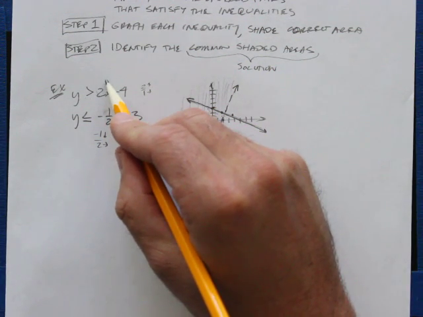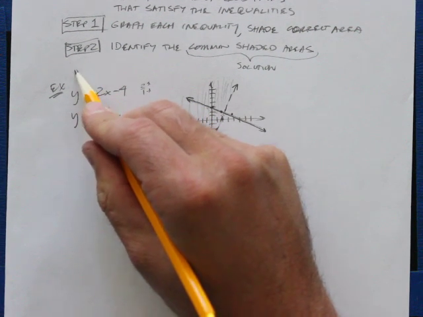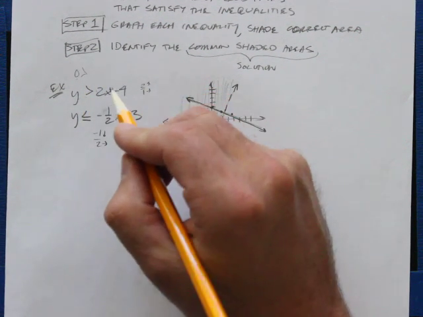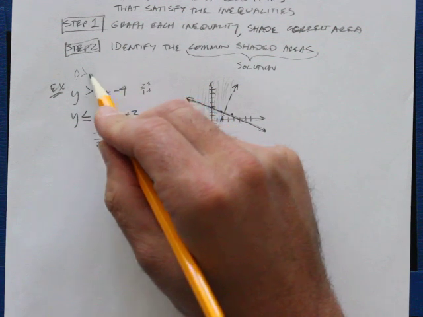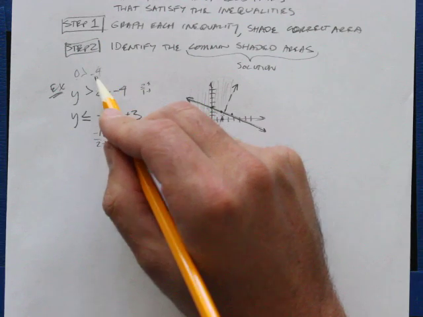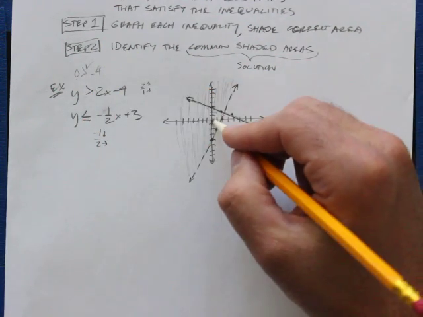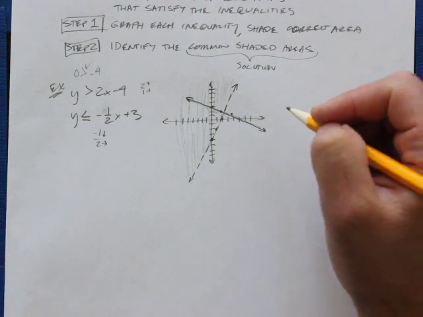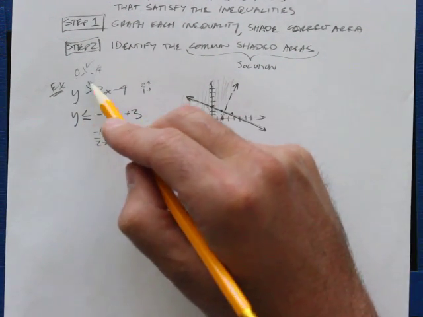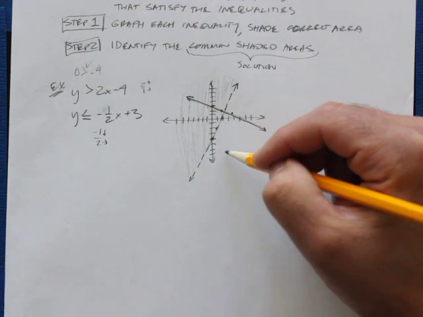If I plug 0 in for x, and I plug 0 in for y, I get 0 is greater than -4, because 0 times 2 is 0, so I just end up with -4. Is 0 greater than -4? Yes, it is. So that's the part that I would shade. If this was incorrect, then I would shade on the opposite side.